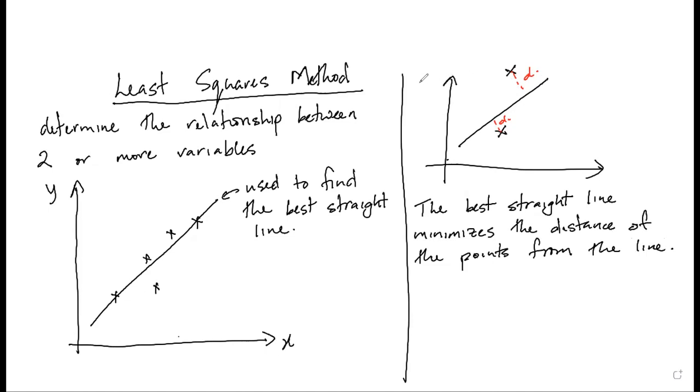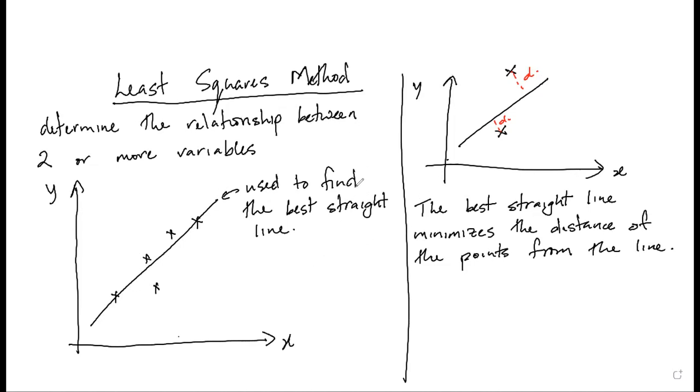Now, I'm going to be taking this from first principles. Normally, you're given a method to find the regression line or the line of best fit.